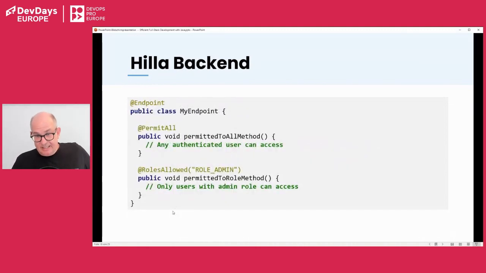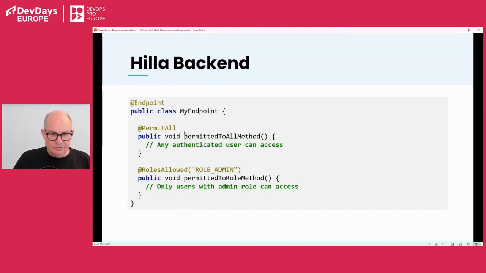And on the backend side, we don't have a REST controller. If we were using Spring Boot, we would have an endpoint. And the difference is that we don't have a RESTful style of API. We have more of a remote procedure call API. So that means we have a method, permitted to all, for example, or a permitted to role method here in that case.